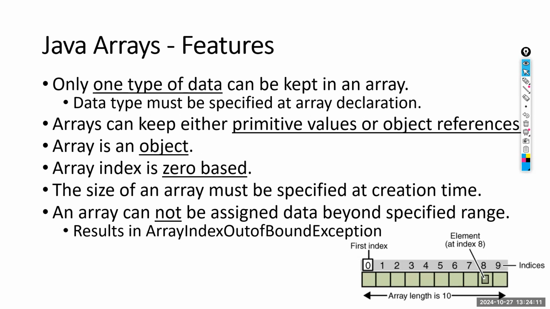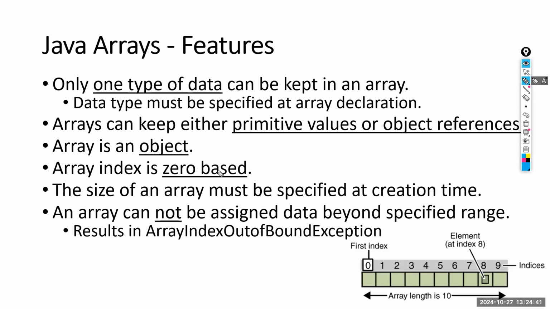Remember, arrays are objects, so you will better understand that when we do object-oriented programming. An array index always starts with 0 and then 1, 2, 3, 4, and so on. Also, when you create a Java array, you must specify the data type.